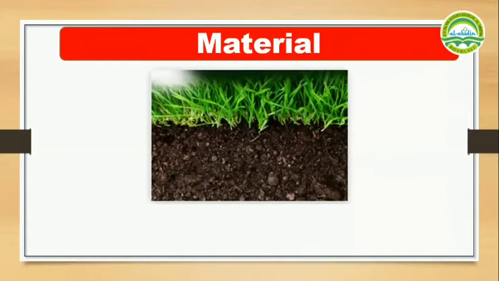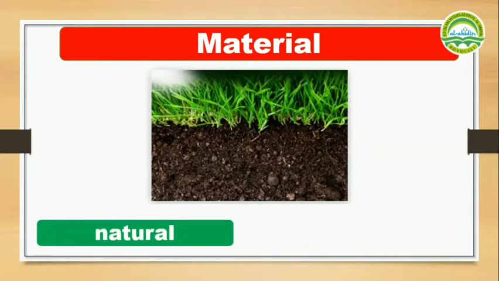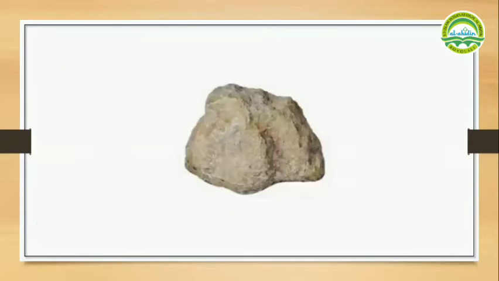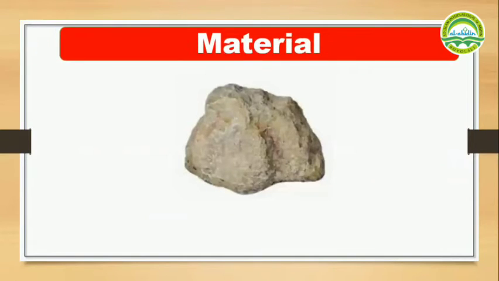The soil is natural, so we call it natural material because we can grow our food. Let's look at this picture. This is marble. As you know, marble and rocks are natural materials.